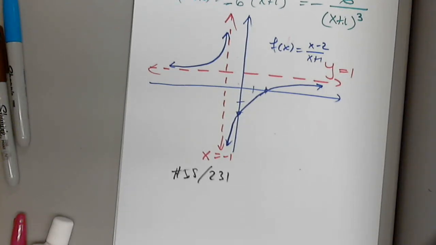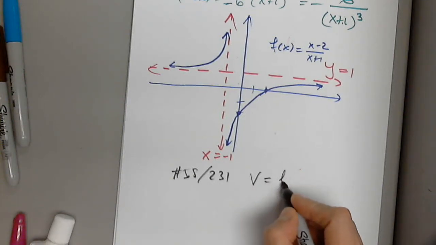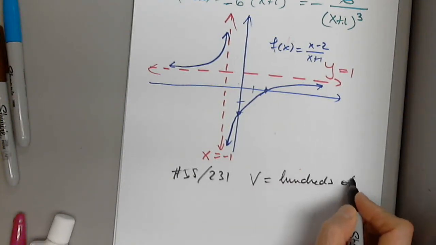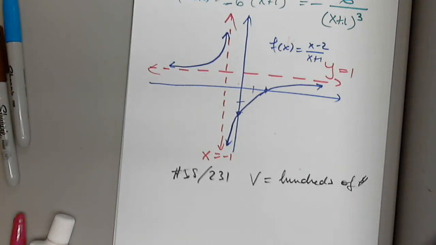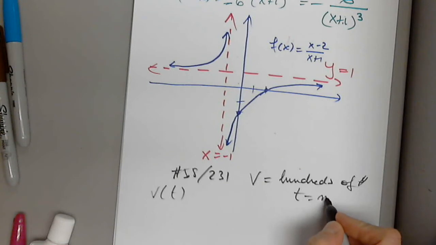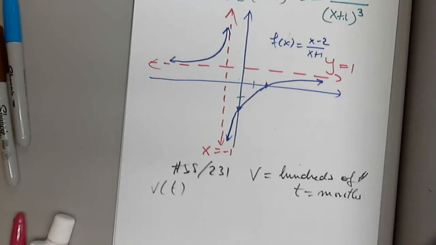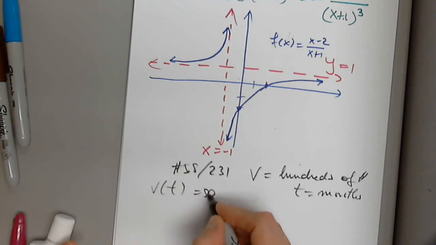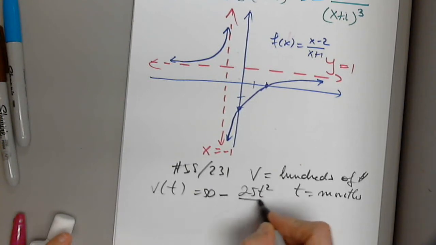Suppose that the value V of the inventory, in hundreds of dollars, depreciates after T months, so T is in months, and V of T equals 50 minus 25T squared divided by T plus 2 squared.